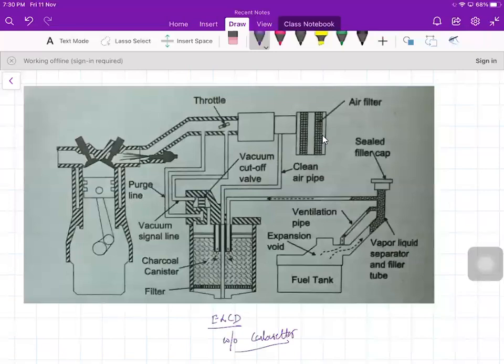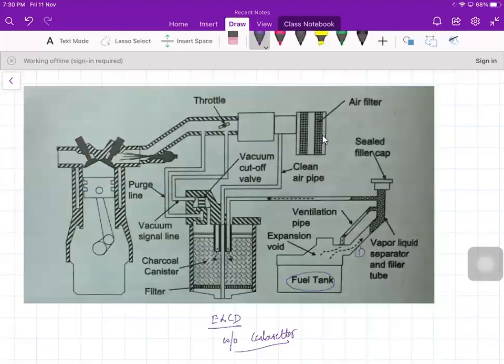If you look here, this is your fuel tank, and here we have two vents. This one is where the vapor liquid separator and filler tube are connected to the fuel tank.